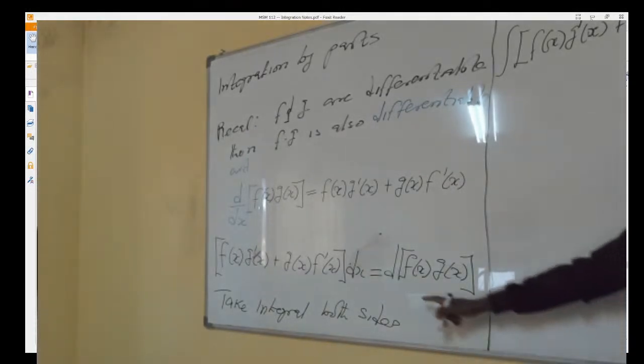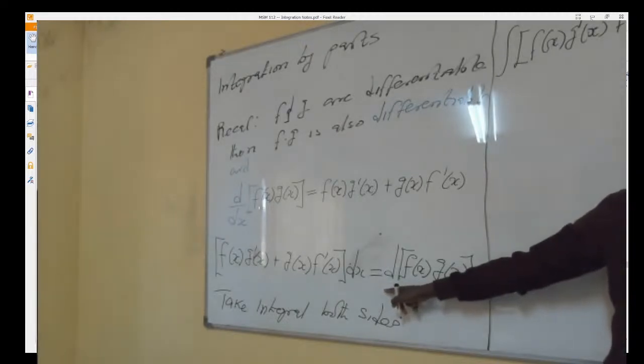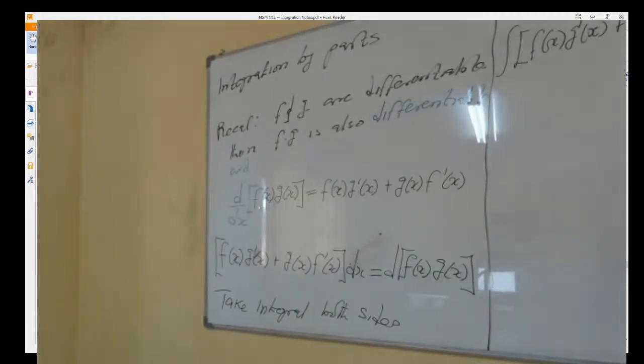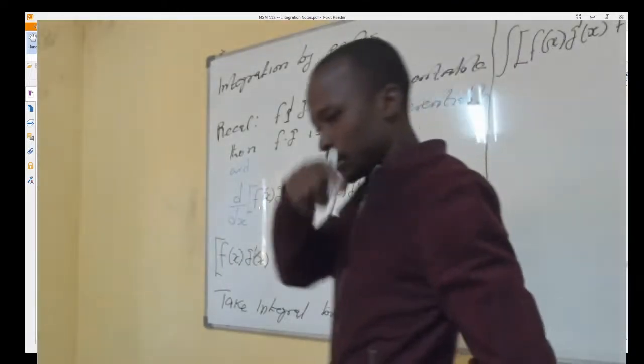Now, when you take the integral on the right hand side, what you're going to have is f of x times g of x.